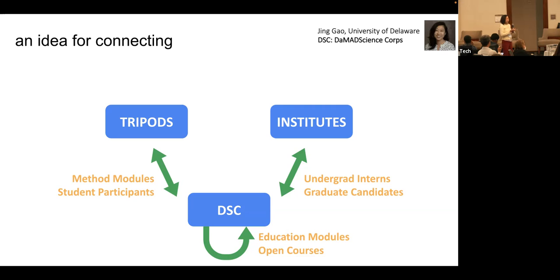And then maybe if you also need student participants, we can pass that to you. And then we thought, why don't we connect the last arm? Then we're a beautiful triangle. Obviously we see a lot of research questions and the methods both the TRIPODS and institutes develop, and you can pass onto each other and cross-fertilize. But because I'm based in the DSC, I will stop speaking out of my depth there.